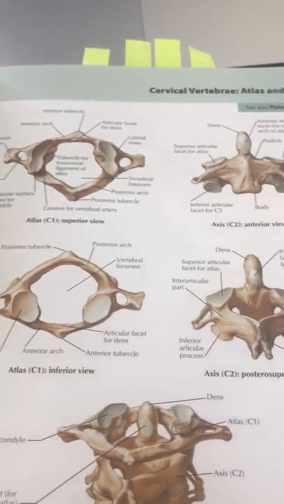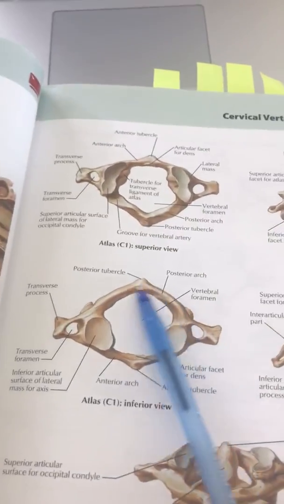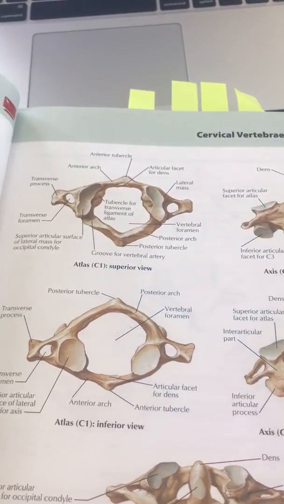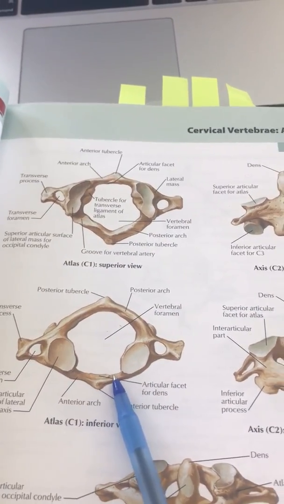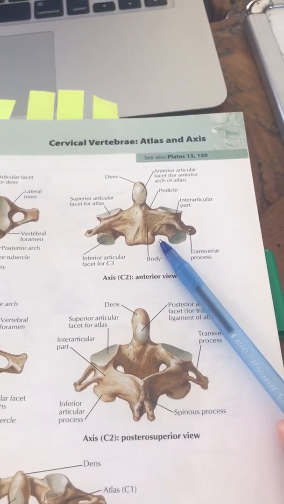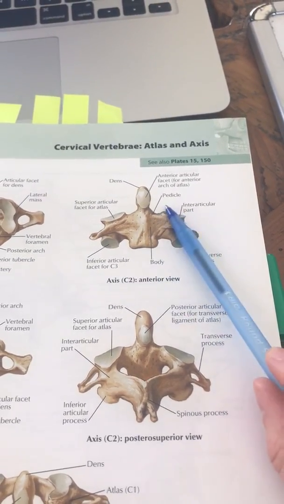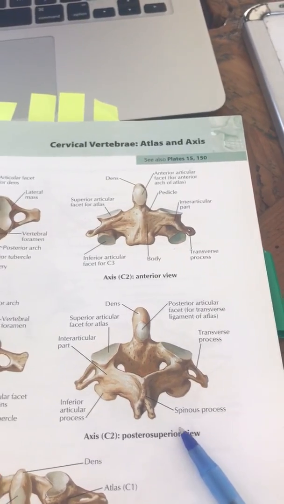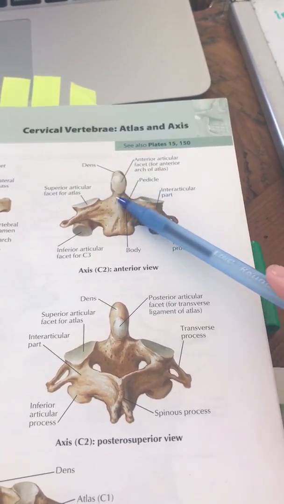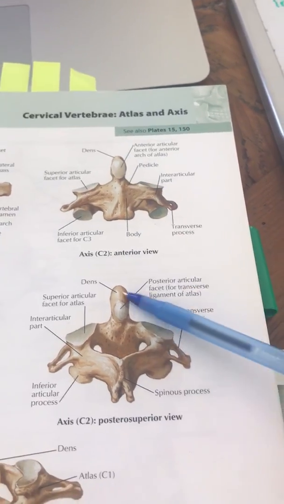Okay, so here's C1, a superior view, so looking down, and an inferior view looking up from under it. And here is C2, an anterior view and a posterior view. And the big deal with C2 is this dens or odontoid process, same thing.